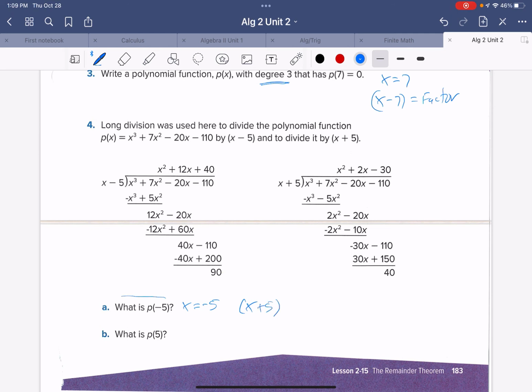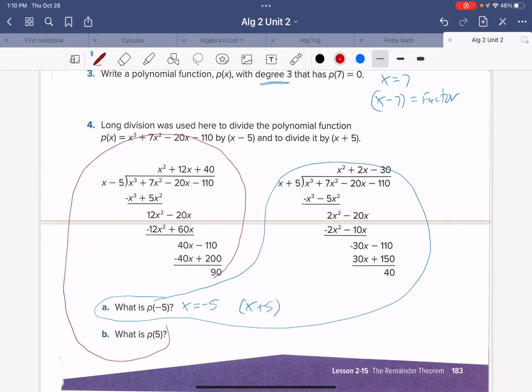So that means A is related to this problem. So A is related to this problem because x equals negative 5 means x plus 5, which means B is related to this problem. So if you look at B related to the first thing and A related to the second thing, you can answer those 2 questions.